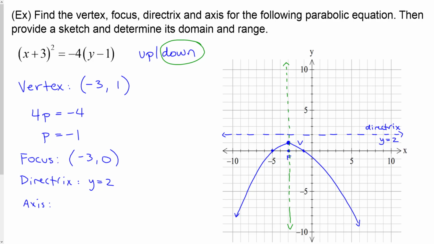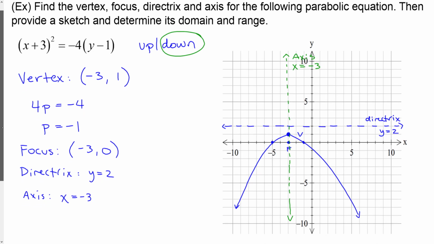So this is your axis, and it is a vertical line, so it's of the form x equals, and it's going to be -3. So x equals -3.